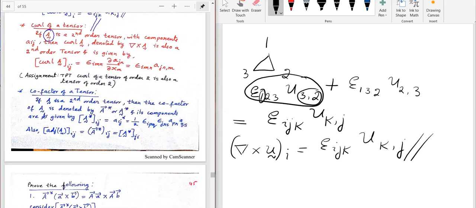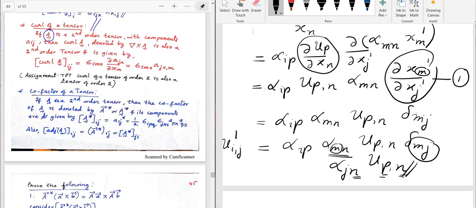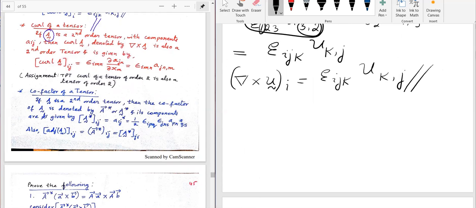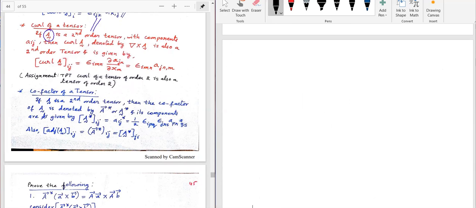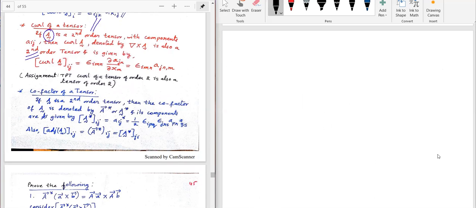Curl A is denoted by del cross A. So del cross A is nothing but a second order tensor. If A is a second order tensor, curl of A is also a second order tensor. When you apply curl, the order will not change.